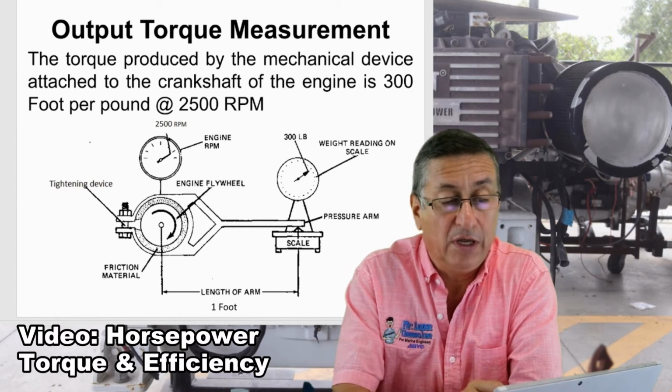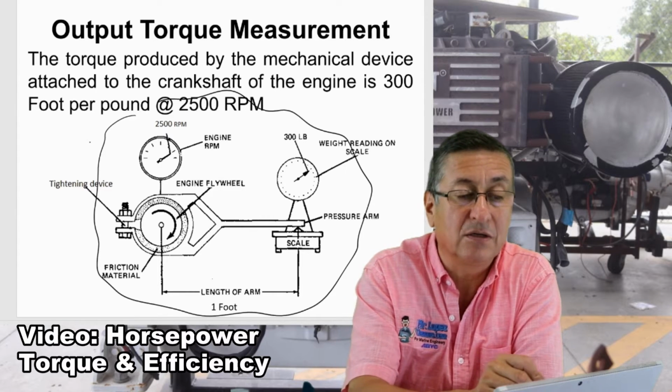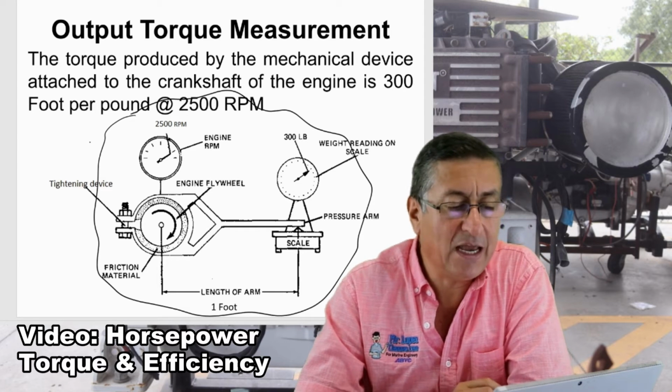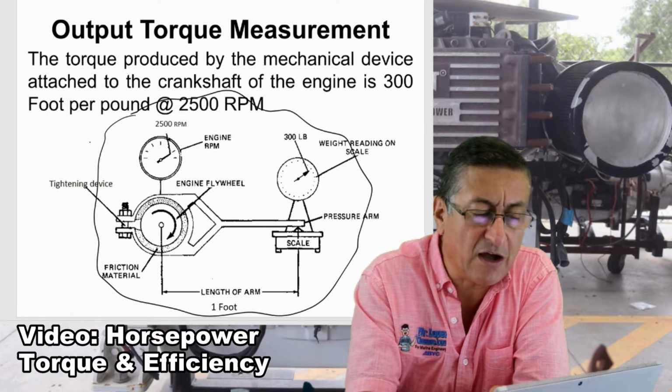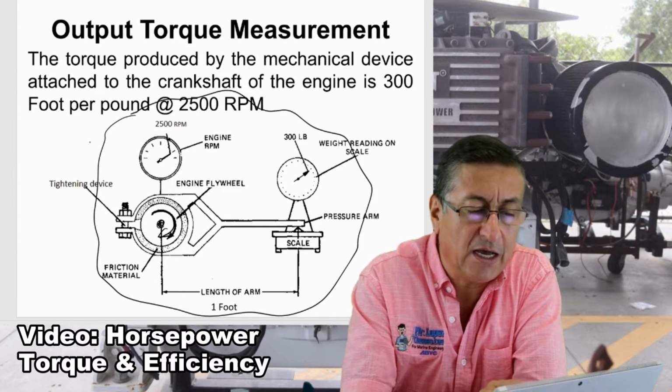It's a different concept. The torque produced by an engine. This is an example. This is the diagram of the dyno, the dynamometer. The dynamometer is very simple. This is the shaft, the crankshaft here. And you install these mechanisms.